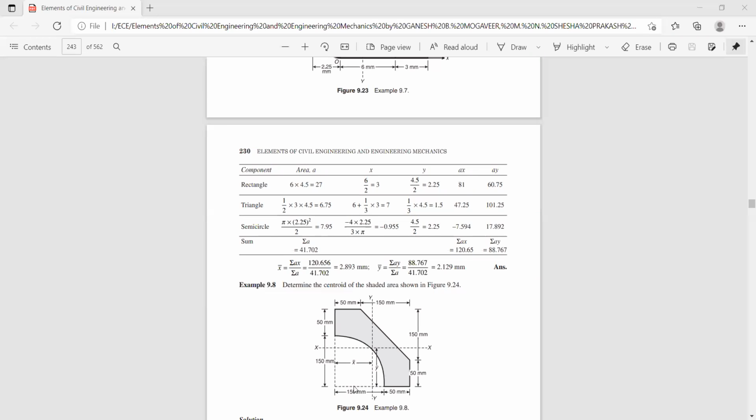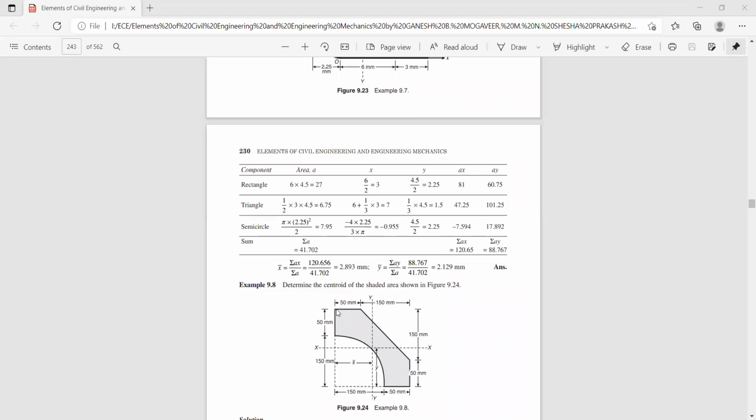That will give you the area of this quarter circle. Now, the area of this triangle is half, also minus because we need to take this out. So half into base, which is 150, and height, which is also 150. So half into base into height.